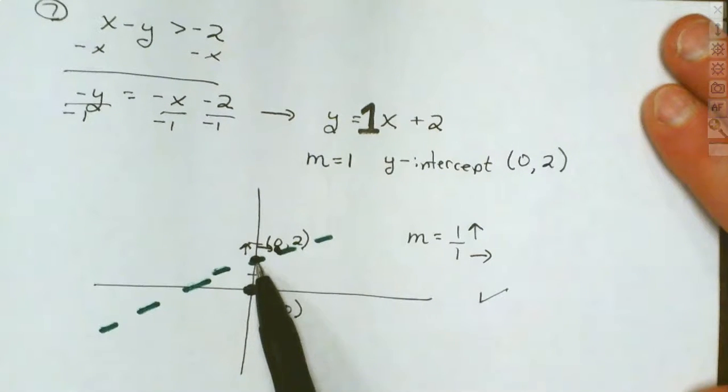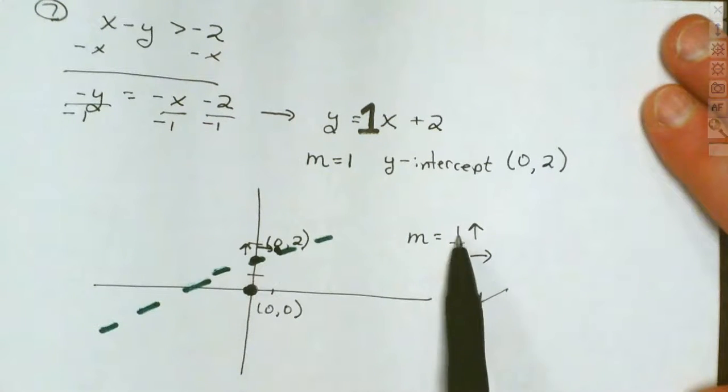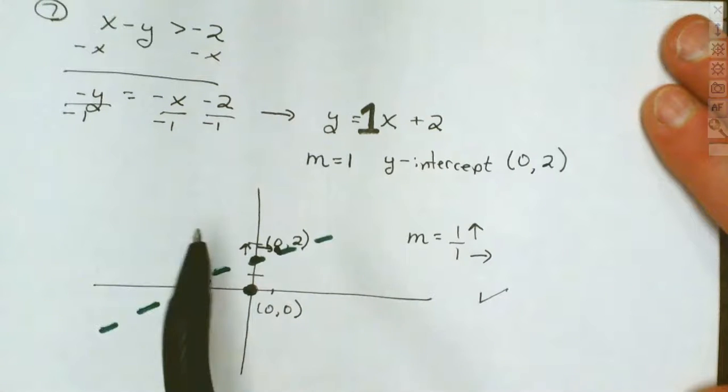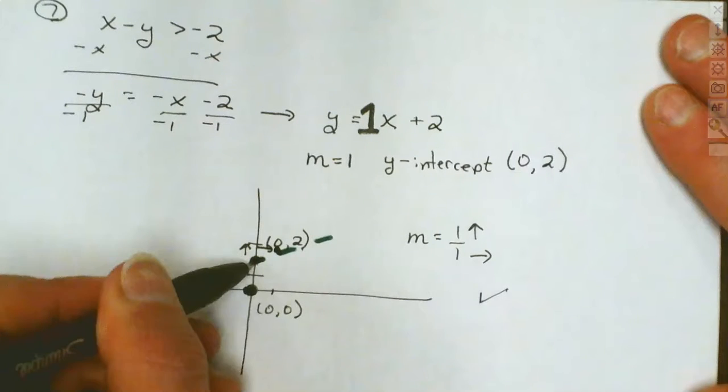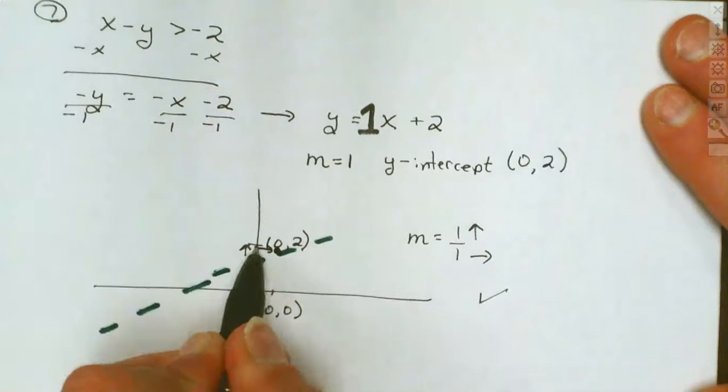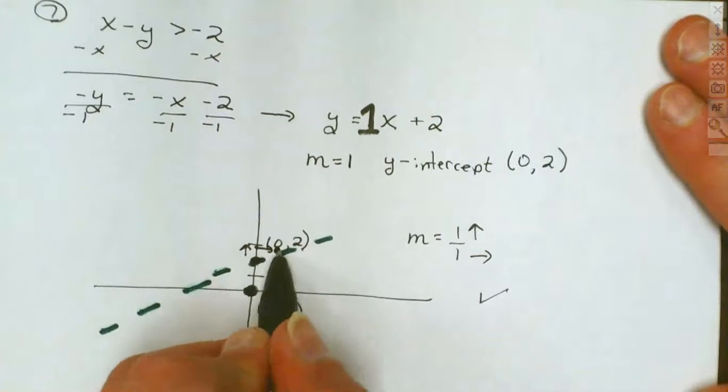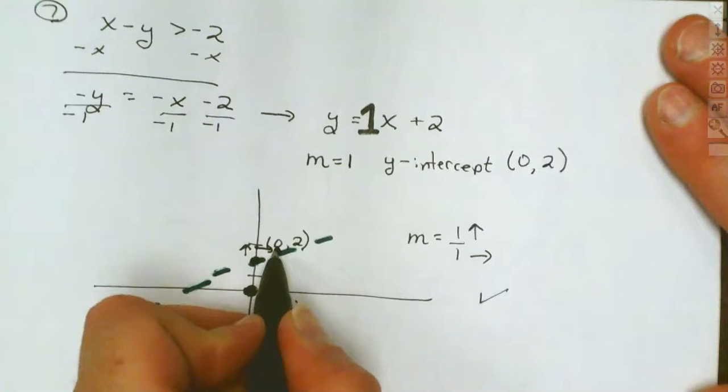And then from that 0, 2, we used our slope. Slope is 1, so that's 1 over 1. So at that 0, 2, which is right here, where the tip of the pen is, what did we do? Up 1, okay, and then over 1 to the right. And that made my second dot.